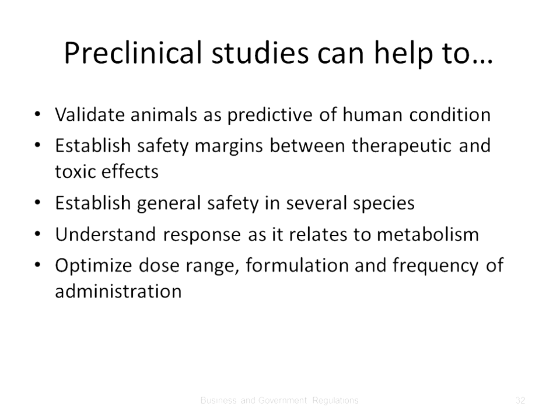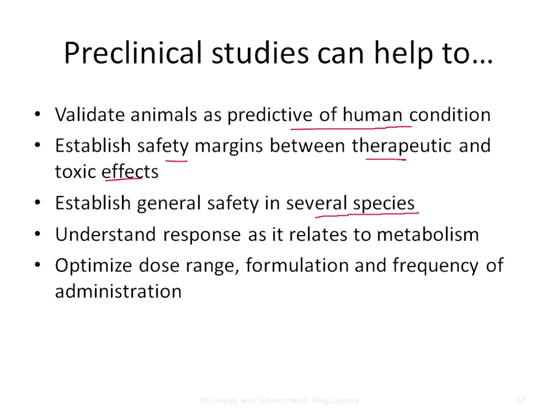All right, so preclinical tests help you to validate animals as predictive of the human condition. So you have to have the right models. Establish safety margins within the therapeutic window. General safety in several species.